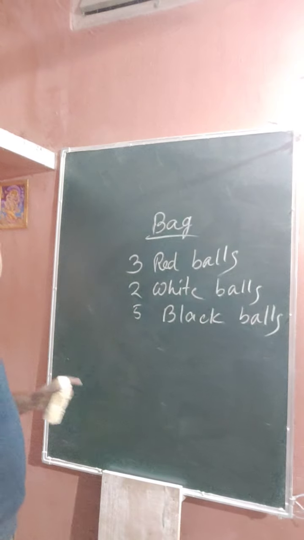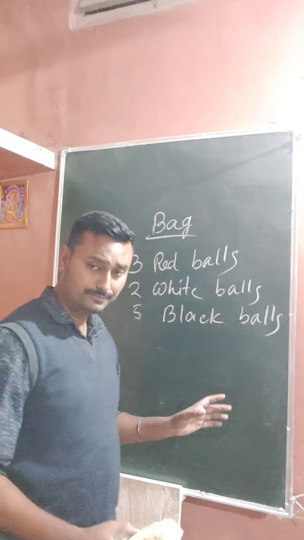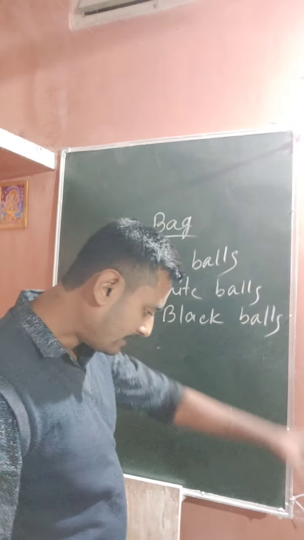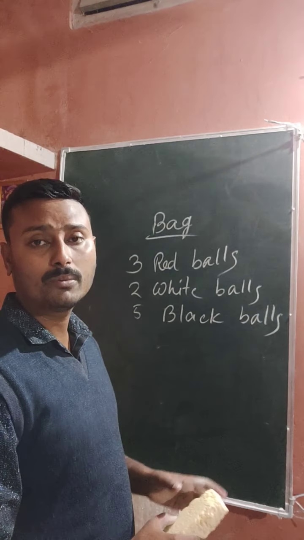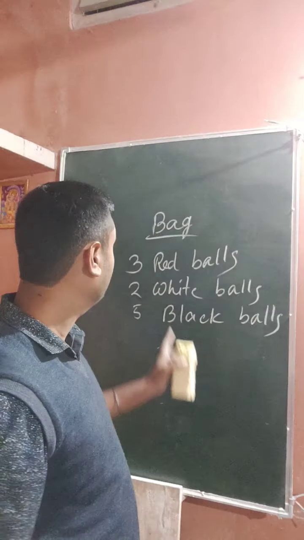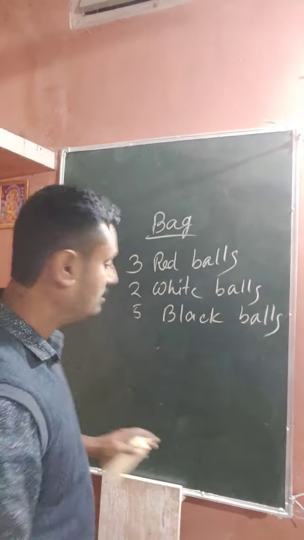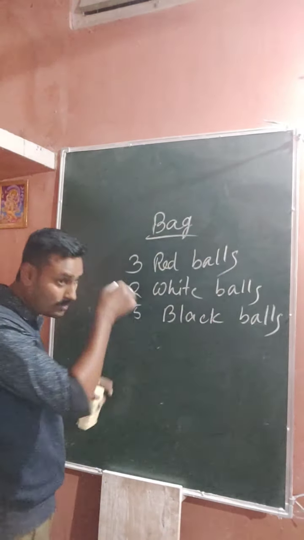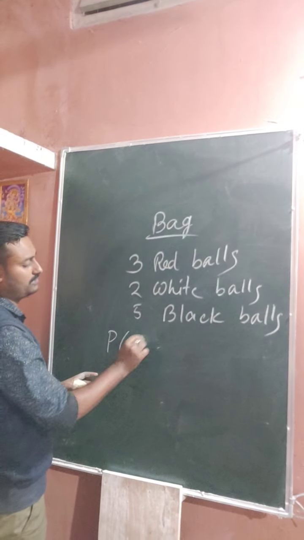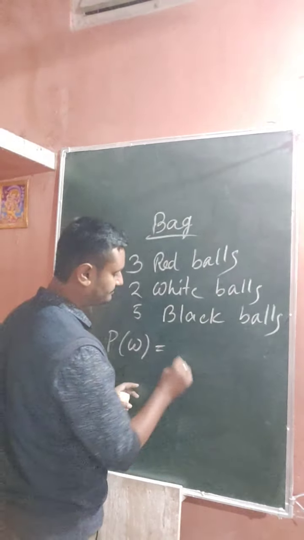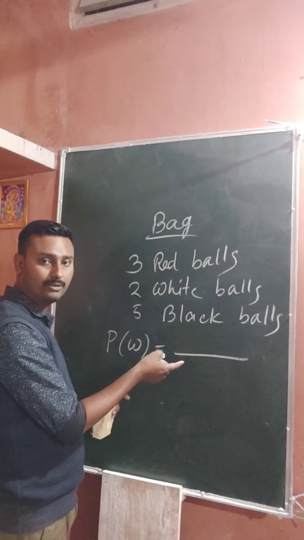So the question is, if you take one ball from that bag, then what is the probability of getting a white ball? Suppose PW. That means you have to find a fraction.